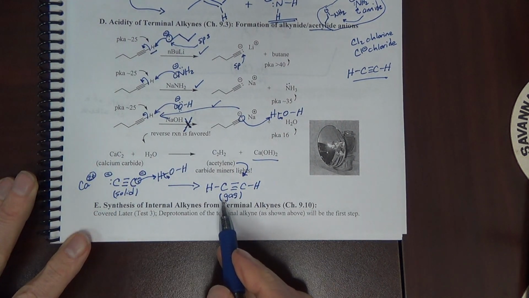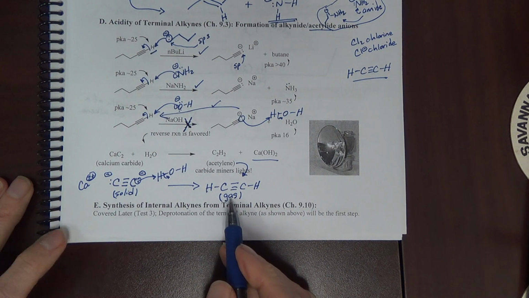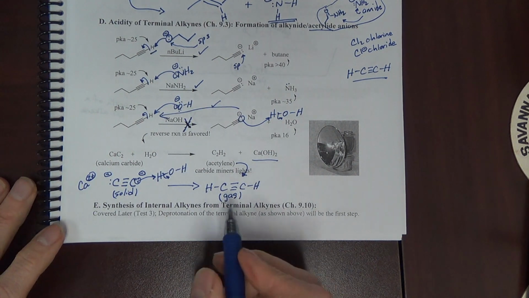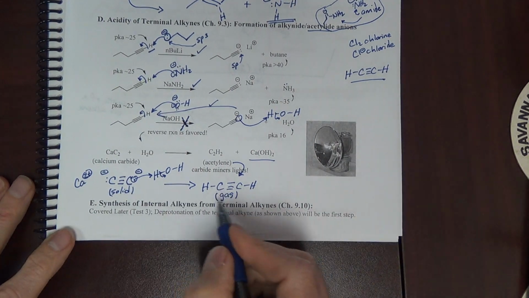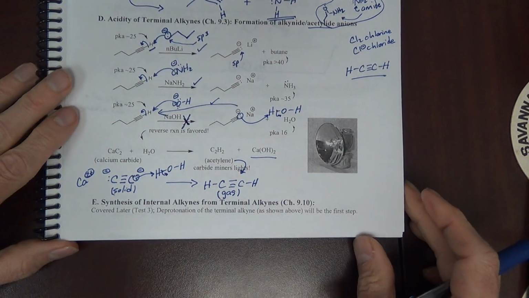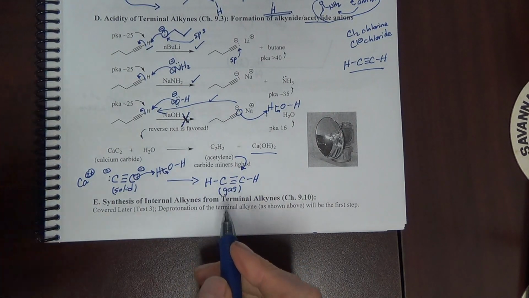But acetylene gas is used to generate a flame. Either a flame for like a flashlight type of flame, or in a torch. Okay, you can look that up.